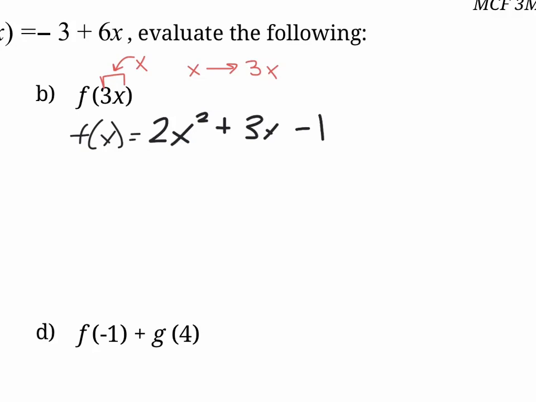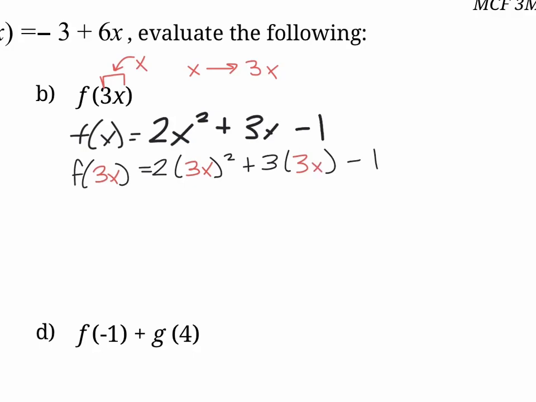So here we go. So I'm going to start with f. The input is 3x. Every time I see an x, I'm going to replace it with 3x. So everything else stays the same. The 2 stays the same. Instead of x, I'm going to put 3x. And then we have squared plus 3. Instead of x, we're going to put 3x.